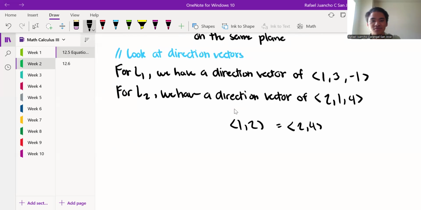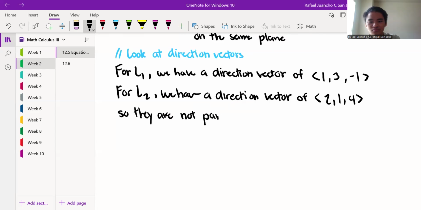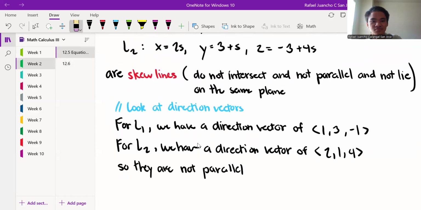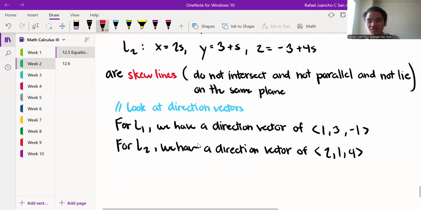I multiply 2 to both x and y components and I get the same vector. Here I can't multiply anything with the same scalar to get the same direction vector. So they're not equal. So they are not parallel. So that's how we managed to prove that part. Actually, I'm just going to say, not parallel.